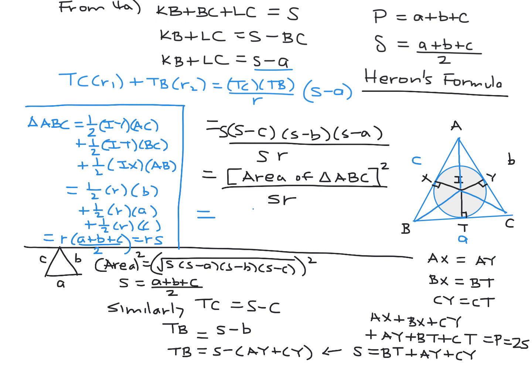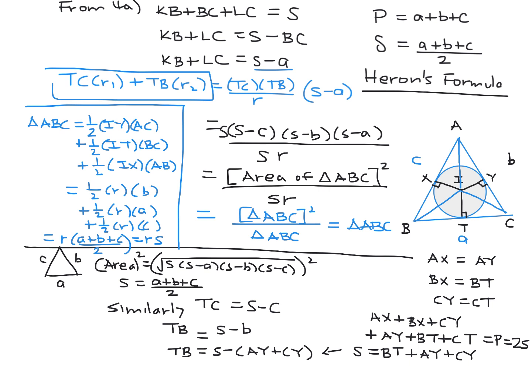So here we have the area of triangle ABC all squared, and then SR is just the area of the triangle. That leaves me with just the area of the triangle. And I think that's it. We did it. This is equal to the area of the triangle, which is what they wanted us to figure out in this very challenging and lengthy question.